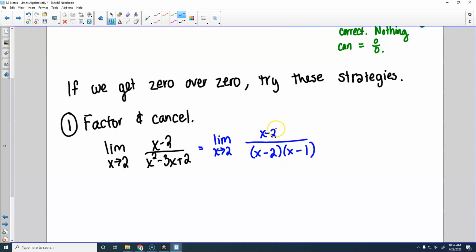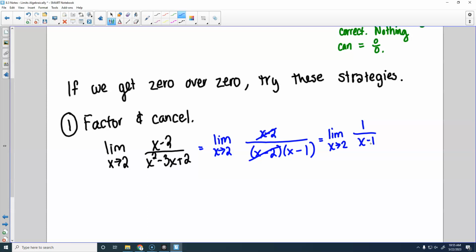And so your x minus 2's can cancel, and you will have the limit as x approaches 2 of 1 over x minus 1. As long as you still have an x in your expression, you have to keep your limit notation.